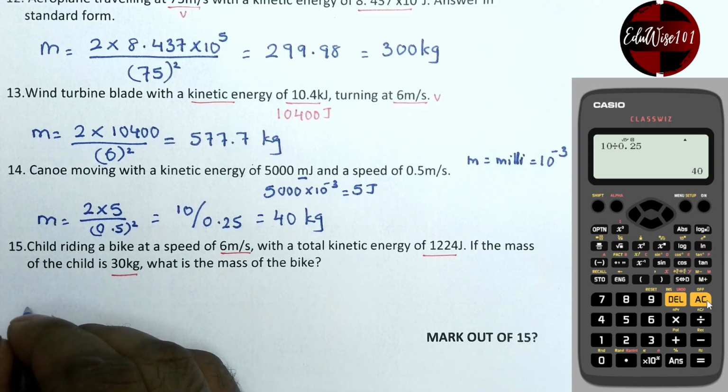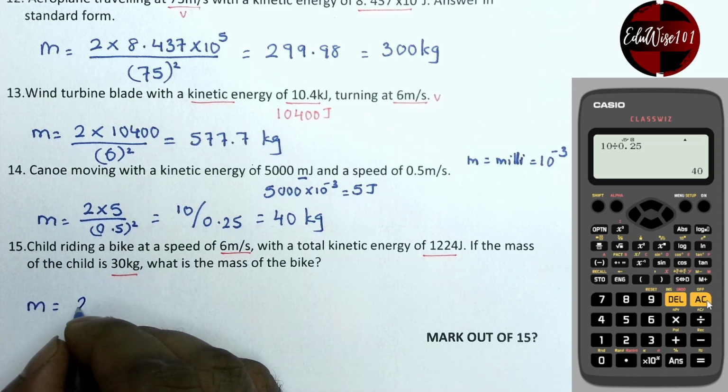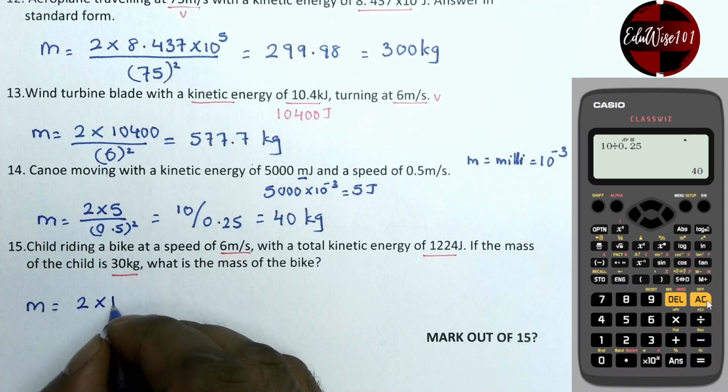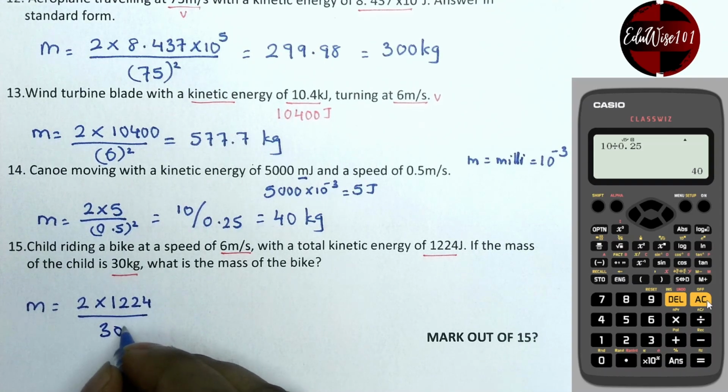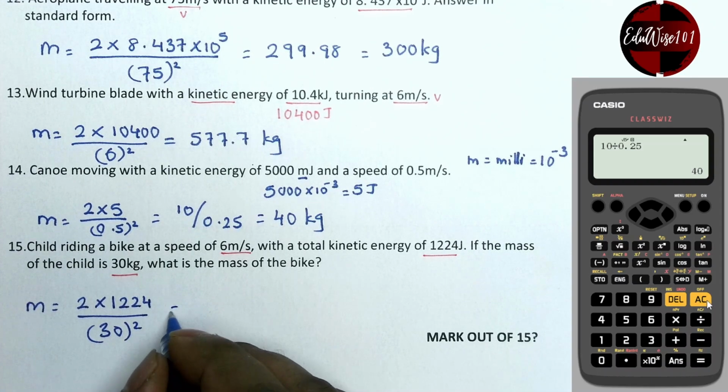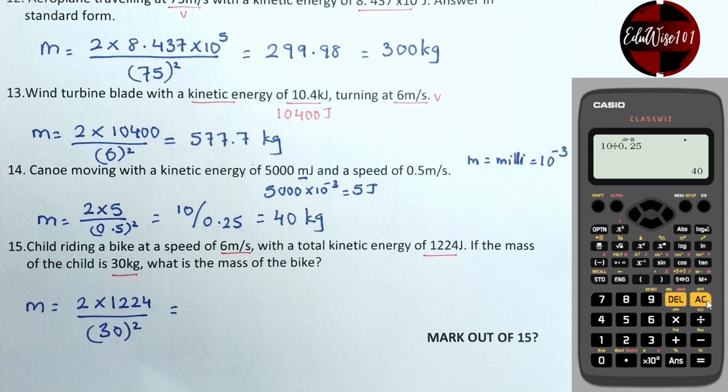So mass equals 2 times 1224 divided by 30 squared.